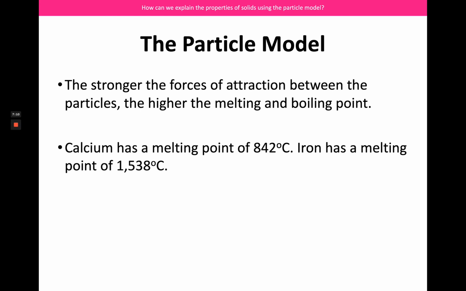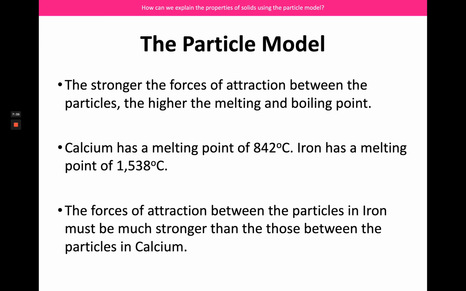But if you want to unstick something, you have to pull things apart, and that requires you to put a bit of effort in, that requires energy. What we're saying is that to unstick the particles in iron requires a lot more energy than it does to unstick them in calcium. But instead of unsticking, we're going to use the term overcoming the forces of attraction.